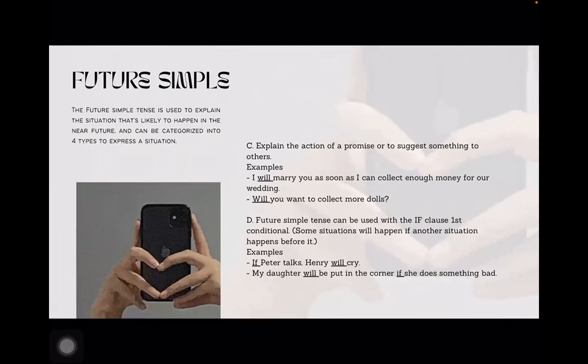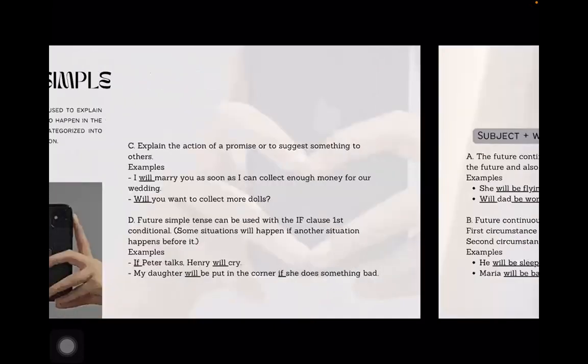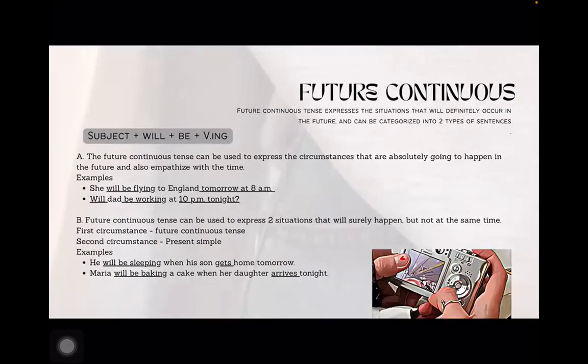And fourth, the future simple tense can be used with an if clause, the first conditional, saying that some situation will happen if another situation happens before it. For example, if Peter talks, Henry will cry. And on the next slide, we will be talking about the future continuous.